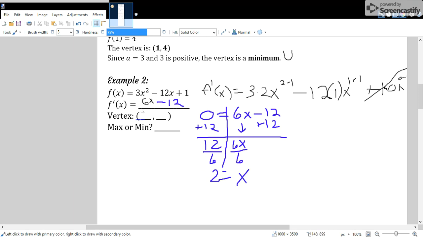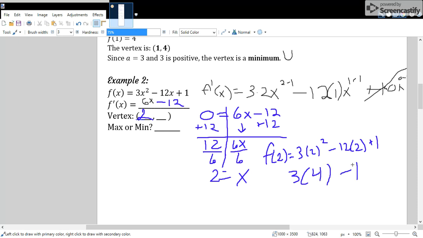We'll plug that back in to get our y part. We're plugging back into the original equation. So f of 2, wherever we see an x, we're going to replace it with a parentheses 2. So we have 3 times 4 minus 24 plus 1.